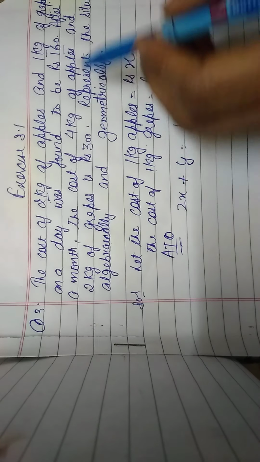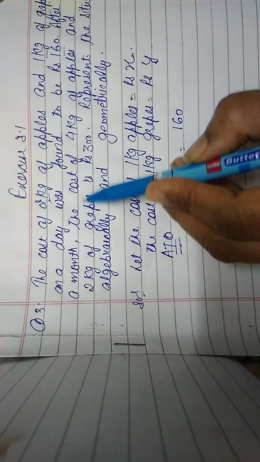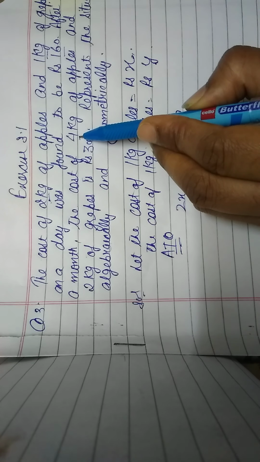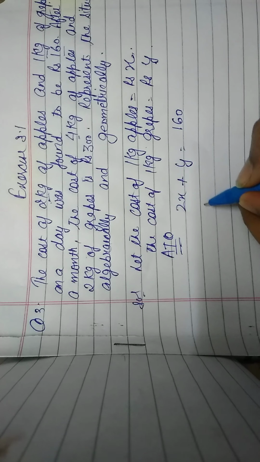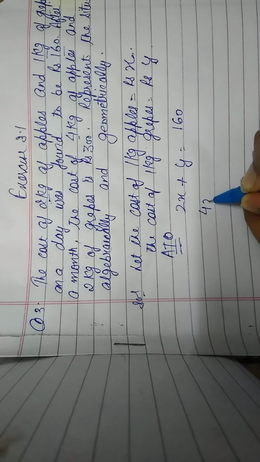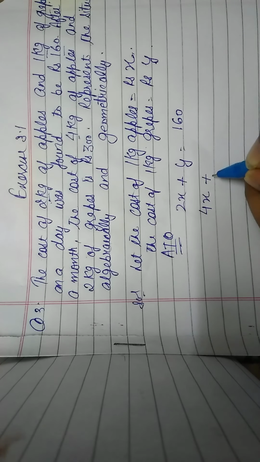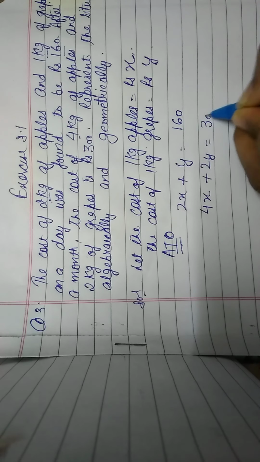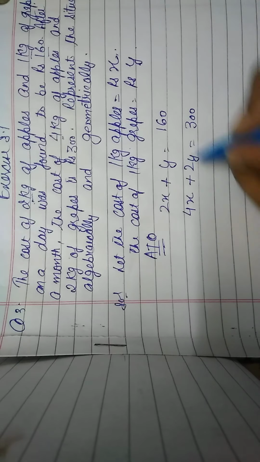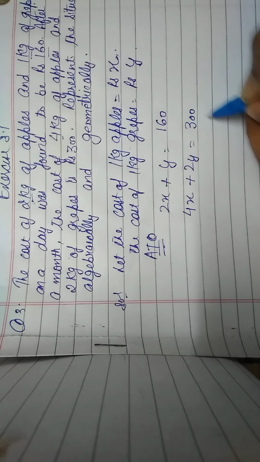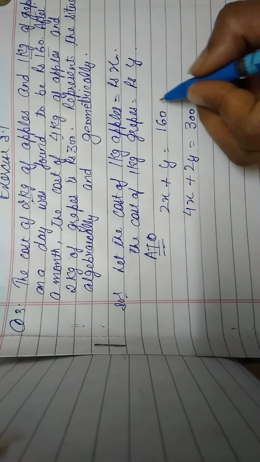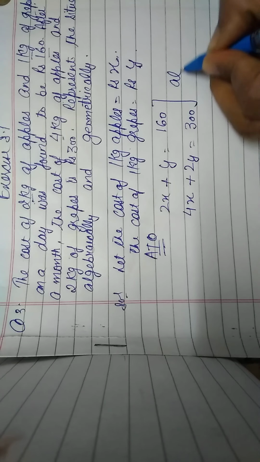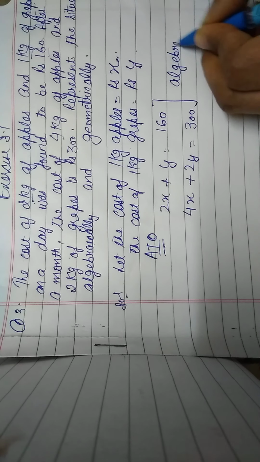Second, after a month, the cost of 4 kg apples, so cost becomes 4 into x plus 2 kg grapes, 2y equal to 300. Now these are two equations which represent the situation algebraically. The first part is done.